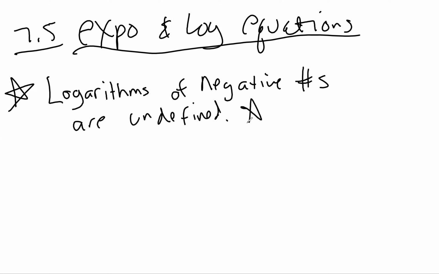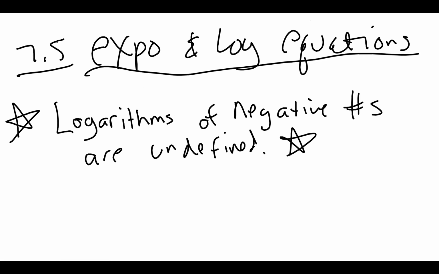Okay, so what's going to happen is while we're solving these equations, some of the answers that we might get, just like we have in the past when we solved equations, could be a negative number. And if that's the case, we have to make sure that it's not going to make our whole problem negative, because we can't actually take the log of a negative number. That's what that sentence means.